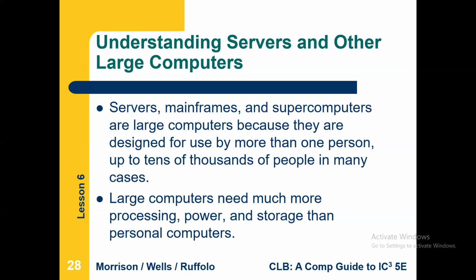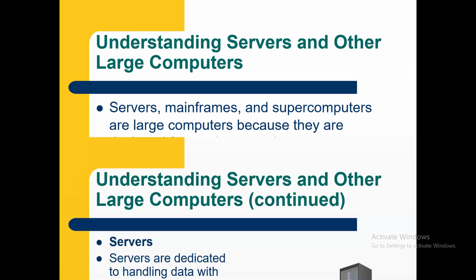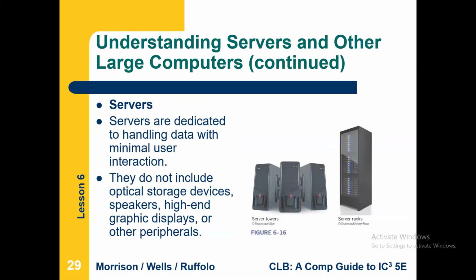Once it's not responding, that means that the number of people that are trying to access a particular service at that time is much more than the system or the computer can handle at the same time. So whenever you want to use a computer as a server, go for mainframe and the supercomputers.